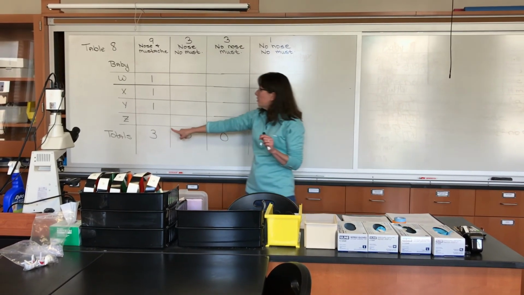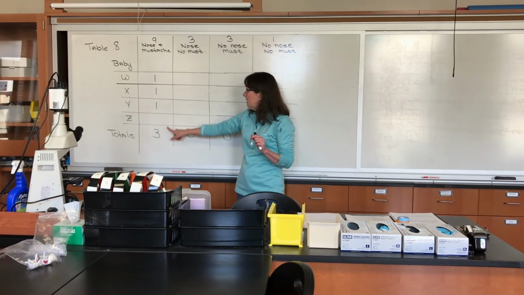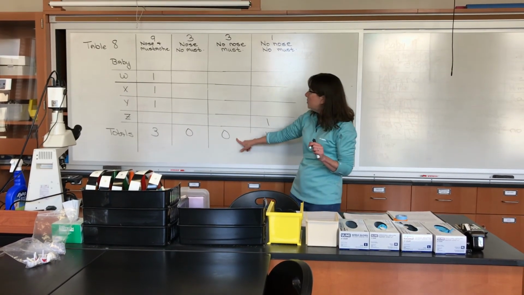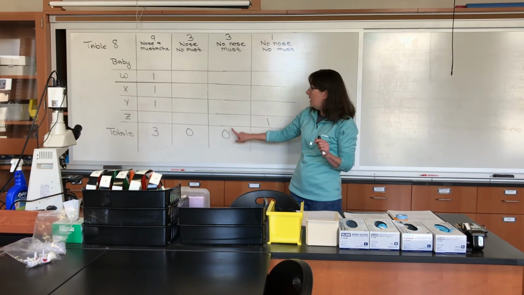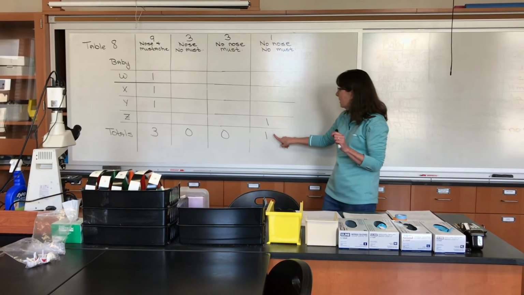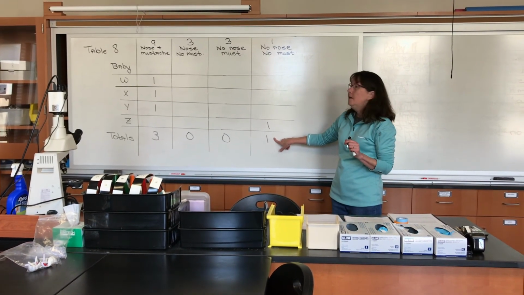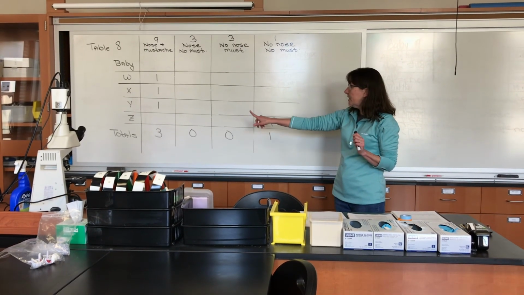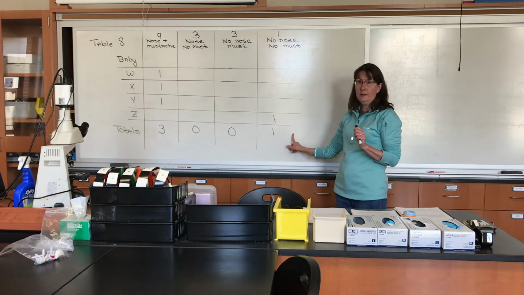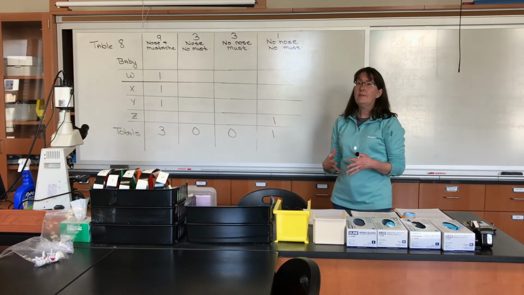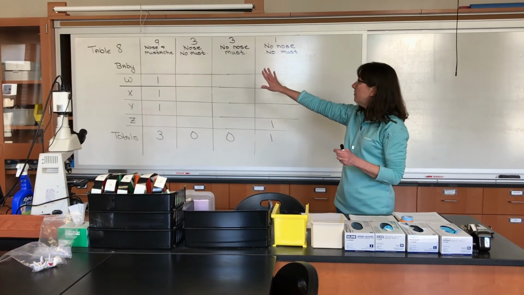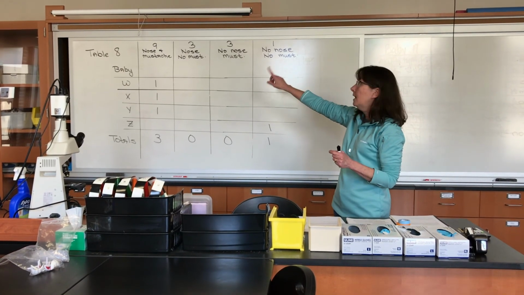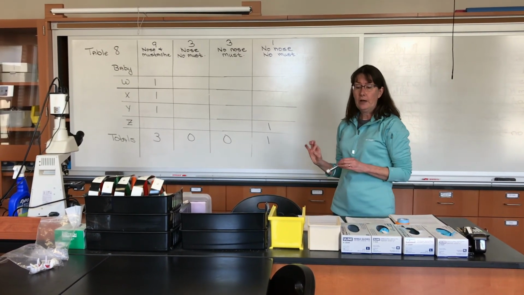So we have 3 with the double dominant, 0 in these 2 categories with 1 dominant, 1 recessive characteristic. We had 1 baby that had the double recessive characteristics. 3 to 0 to 0 to 1. Again, we don't have enough babies to even try to support a 9 to 3 to 3 to 1 ratio.